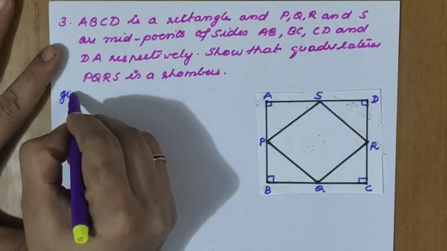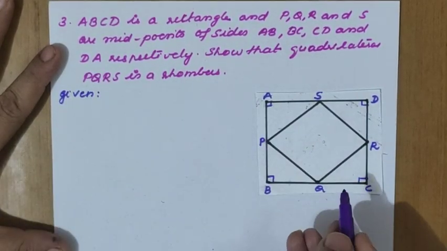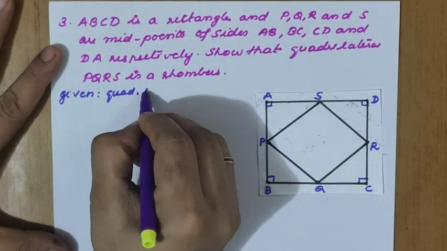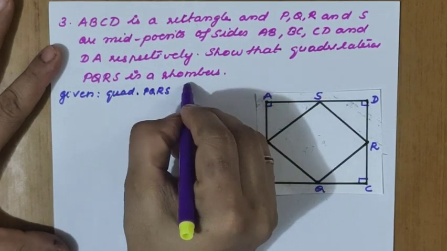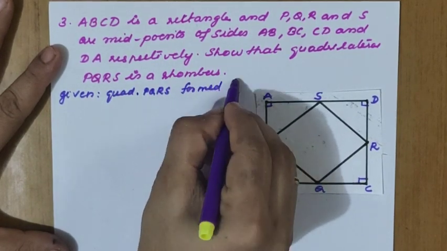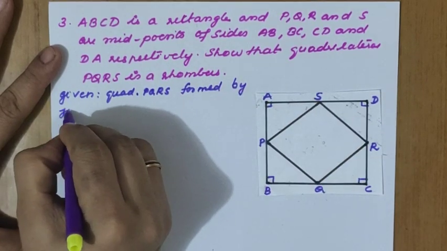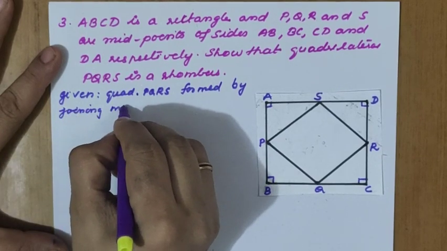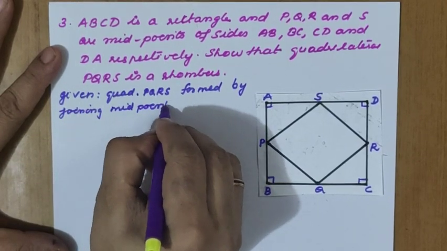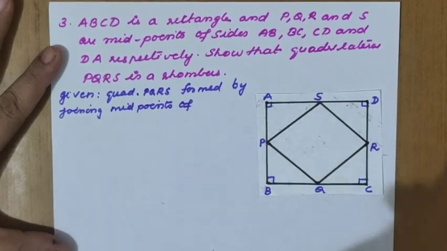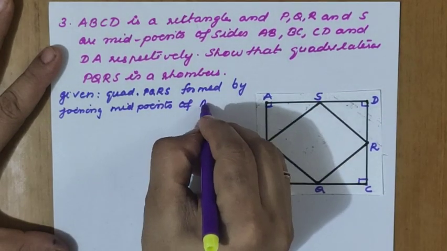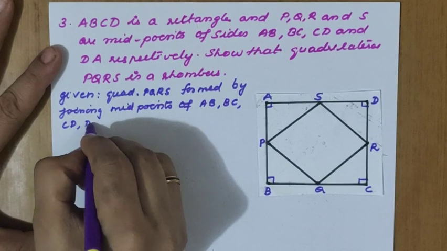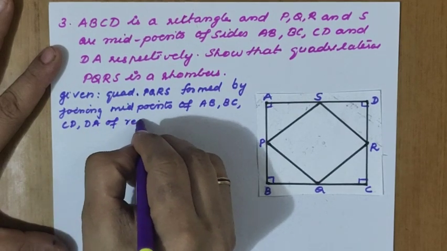So what is given in the question? Quadrilateral PQRS is formed by joining midpoints of AB, BC, CD and DA of rectangle ABCD.